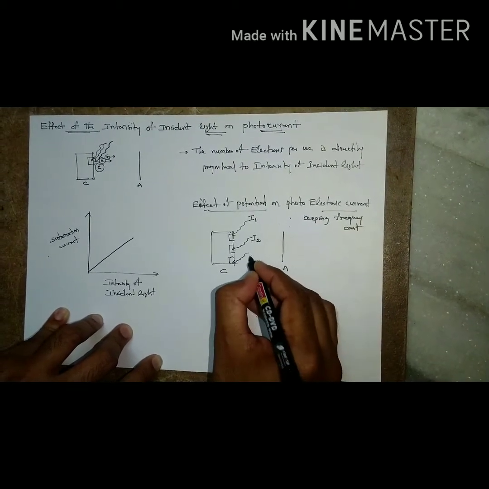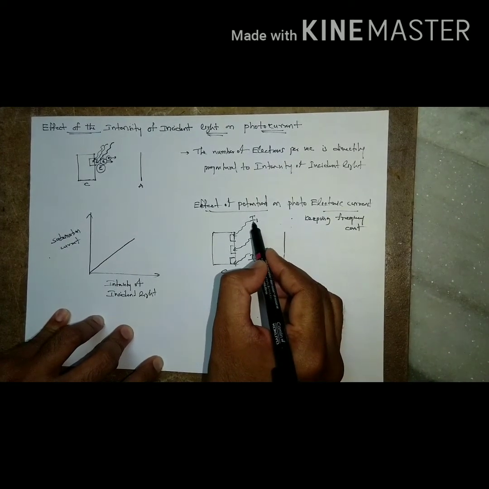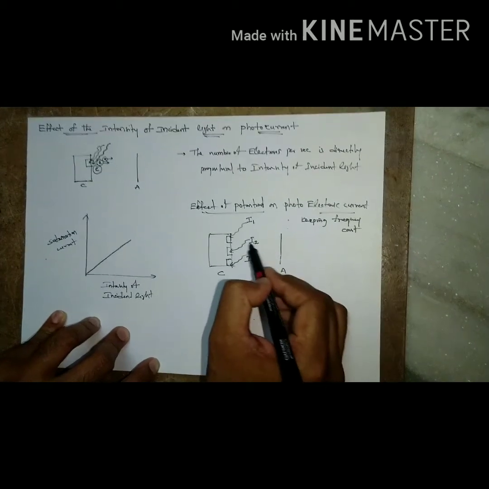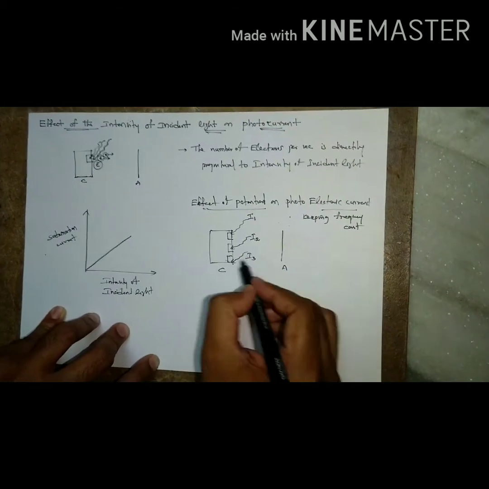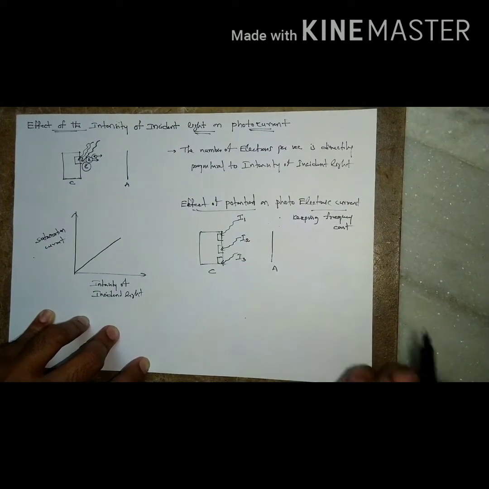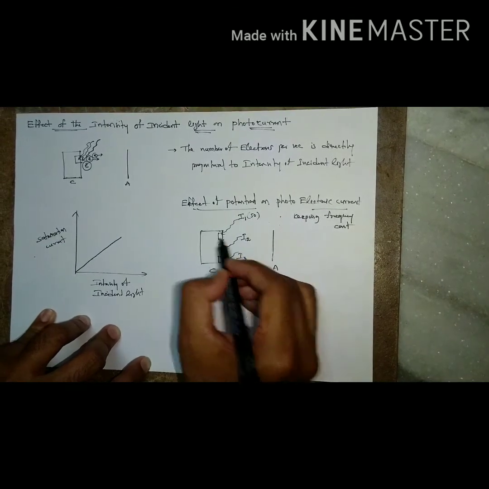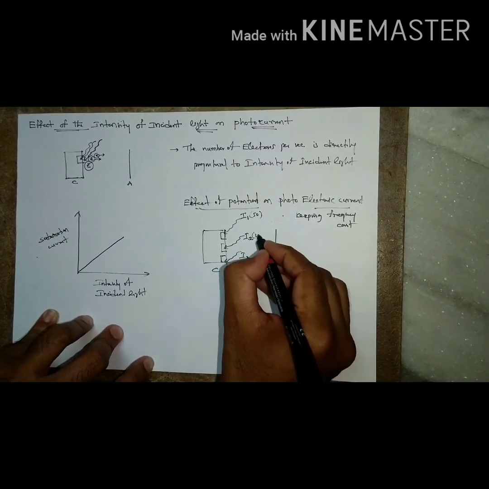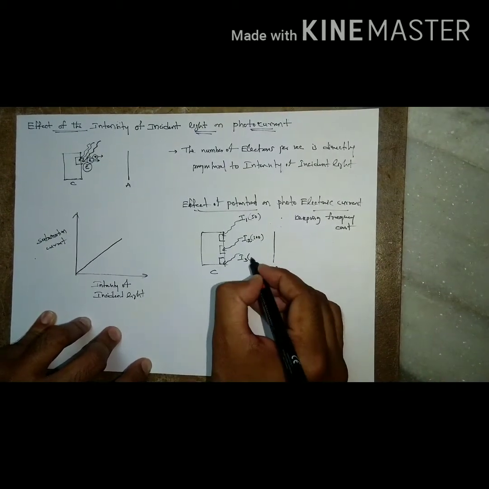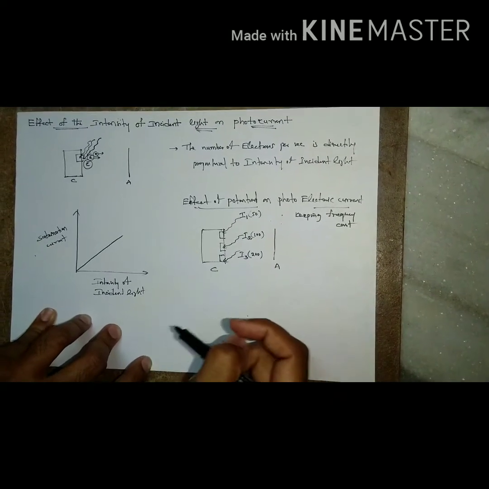In the third, I incident light of intensity I3. Suppose here 50 rays are incident on one unit area, in this case 100 rays on the same unit area, and 200 rays on the same unit area.